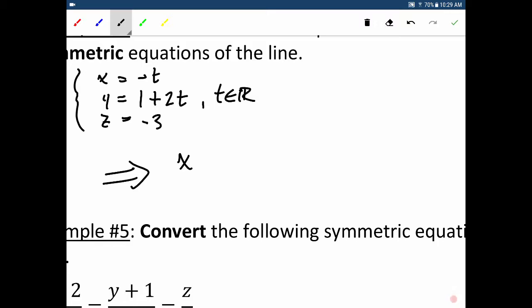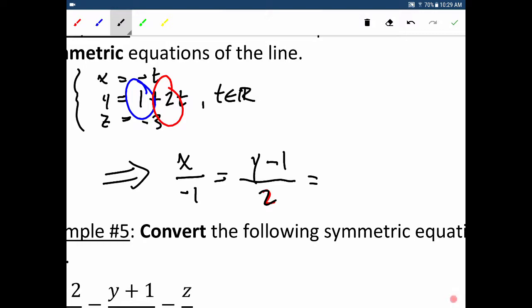Then we divide by the direction vector, so it would be negative 1. That's equal to y minus the initial point, which was the 1, and then we divide by the direction component.